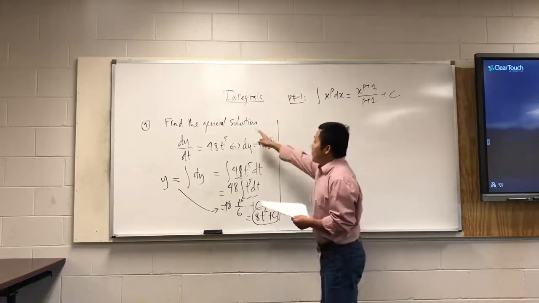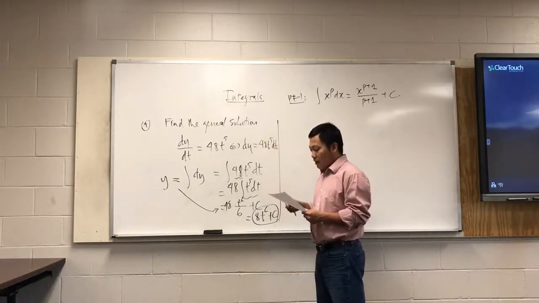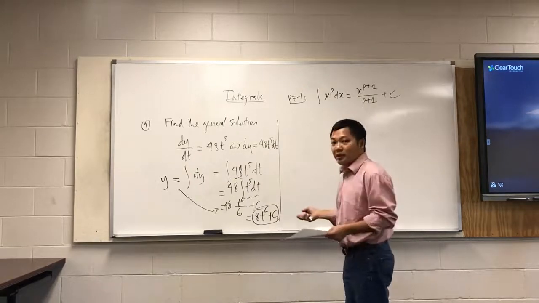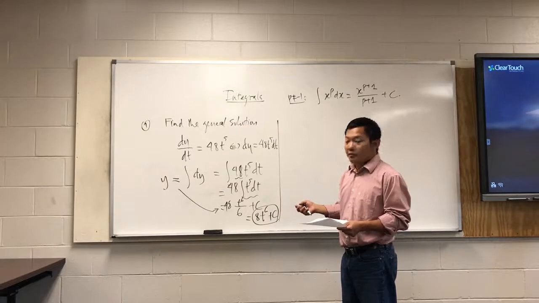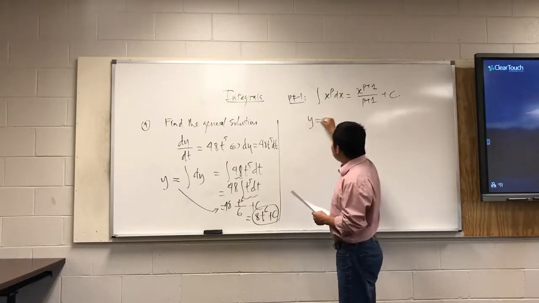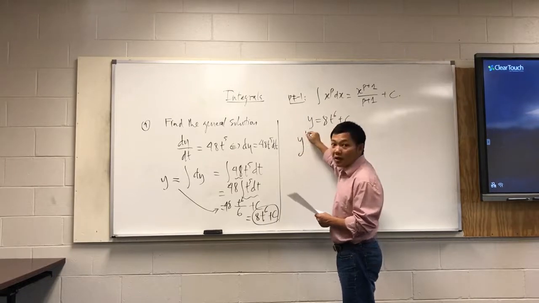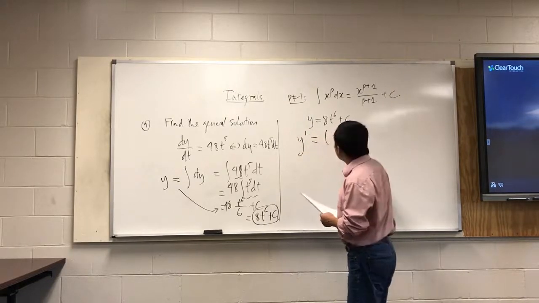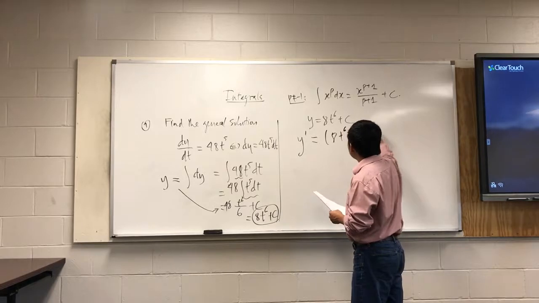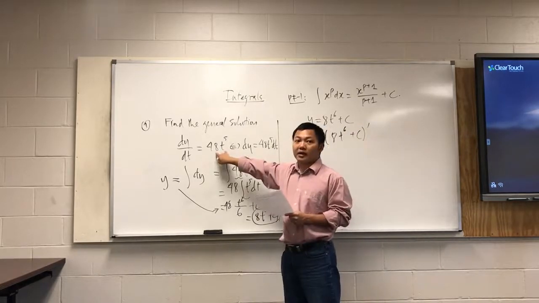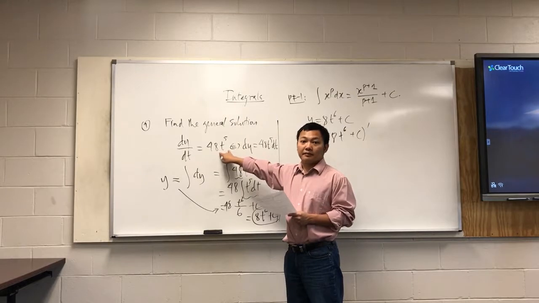All right, and then the second part of this question is to check the result by differentiation. So what does it mean? It means if you have y equal to 8t to the 6 plus c, you differentiate both sides. If you differentiate, y prime, you get exactly 48t to the 5th, so you are good.